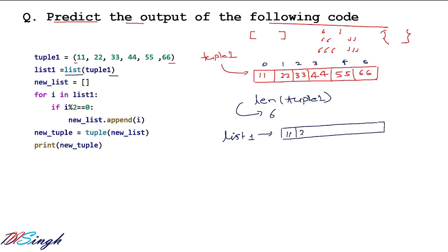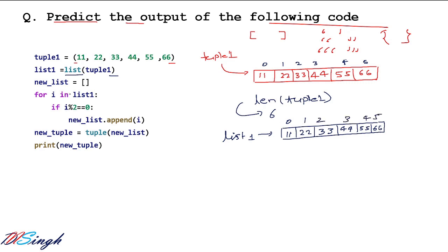We know that lists are mutable, meaning in-place change is allowed inside a list but not inside tuples. Individual elements we can change inside the list but not inside the tuple. Indexing will remain the same for string, tuple and list. It will start from 0, 1, 2, 3, 4 and 5.